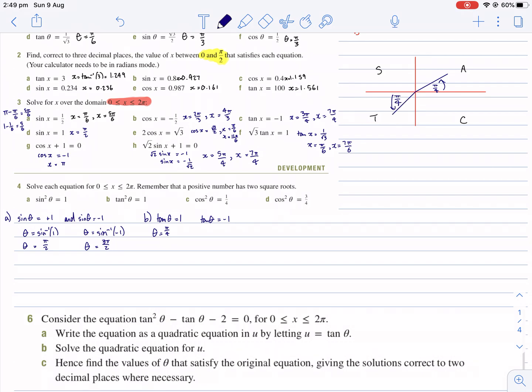Pi plus pi on 4, 5 pi on 4. Tan theta equals -1. This time, we're here and here. So this time we're 3 pi on 4 and 7 pi on 4.